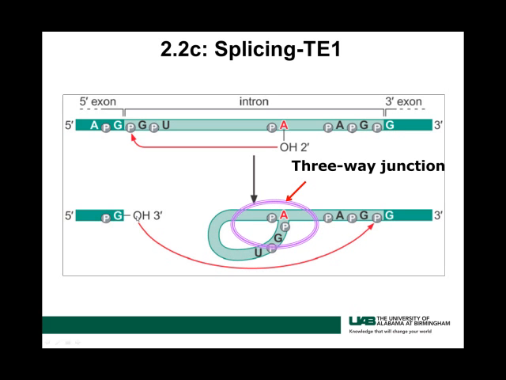The second one is that the 3' OH end of that exon then interacts with the 5' end of the next exon right here, forming a phosphodiester bond to break this bond right here, leaving a 3' OH here, and then the phosphate forms that phosphodiester bond right here.